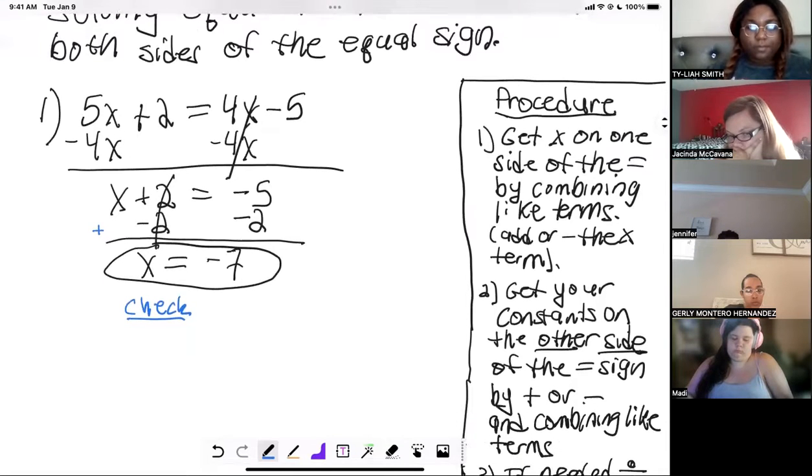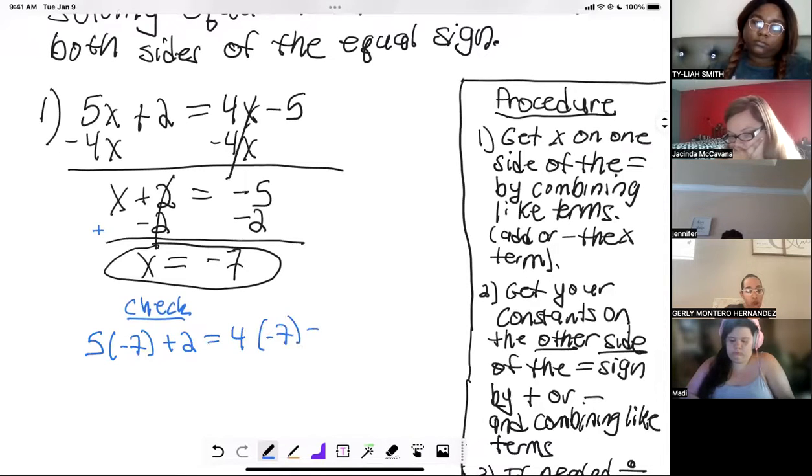So if I want to check my answer, I'm going to put the -7 into my x on both sides of the equation. And if this -7 is true, both sides will be equal to the same number. So I can multiply -35 plus 2 is equal to 4 times -7 is -28.